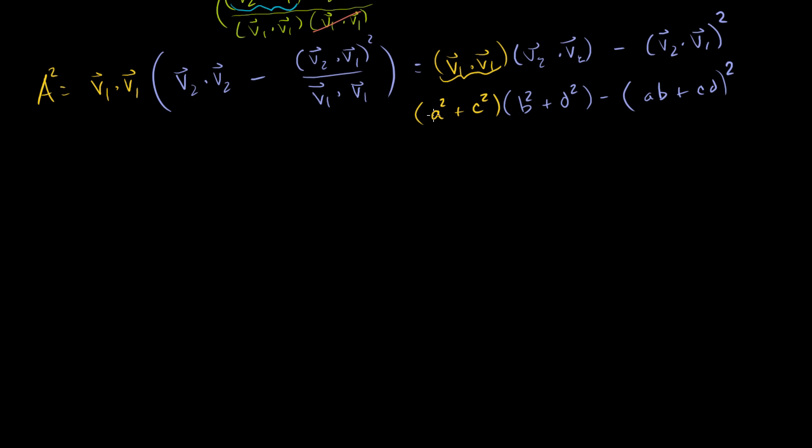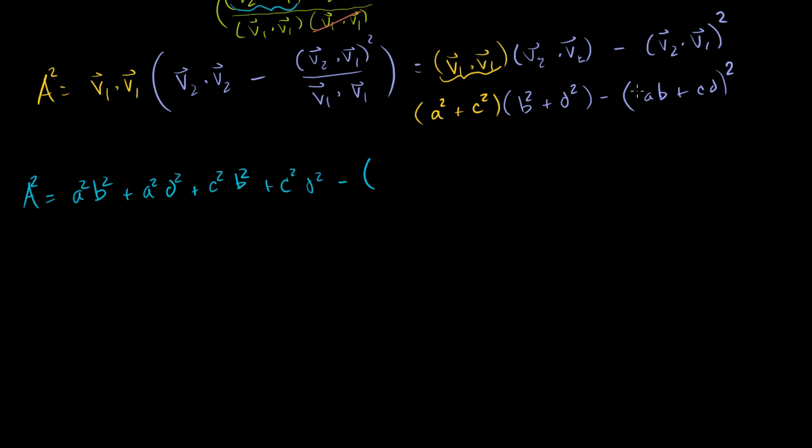So if we just multiply this out, our area squared is equal to a squared times b squared, plus a squared times d squared, plus c squared times b squared, plus c squared times d squared, and then minus this guy squared.